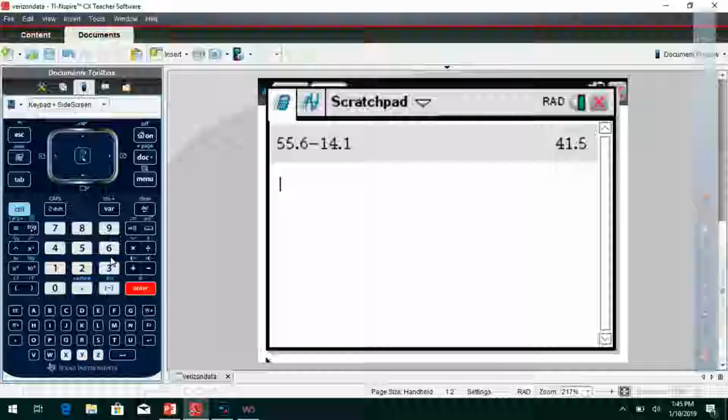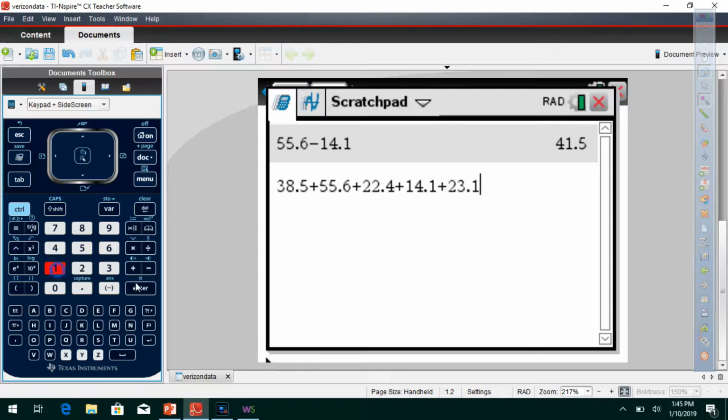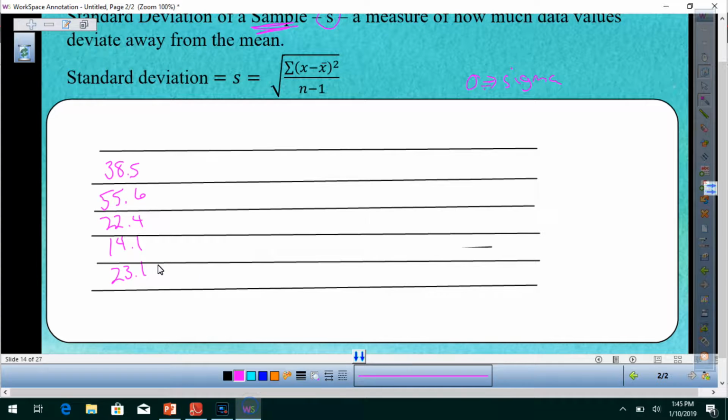We have 38.5 plus 55.6 plus 22.4 plus 14.1 plus 23.1, and that equals 157.3.